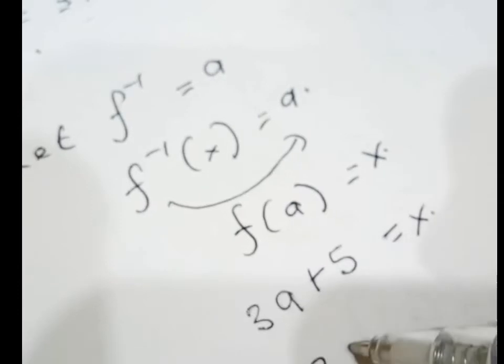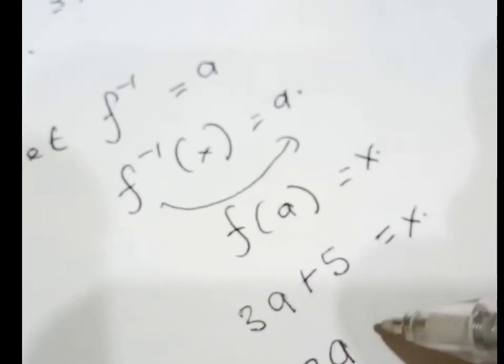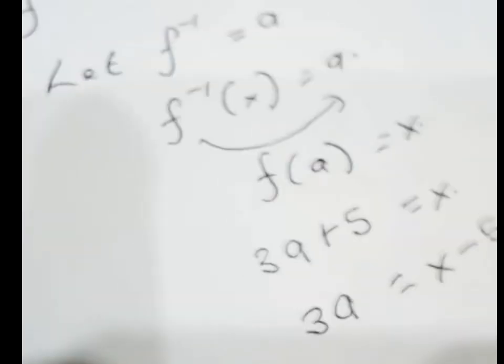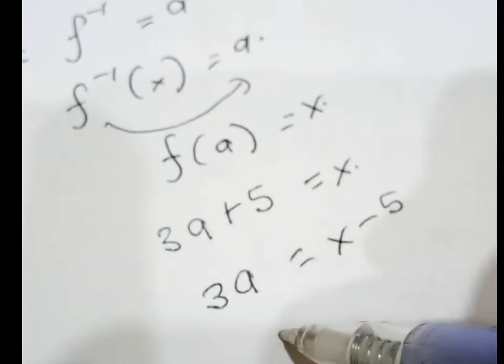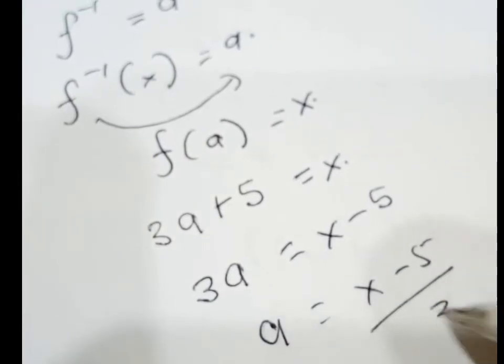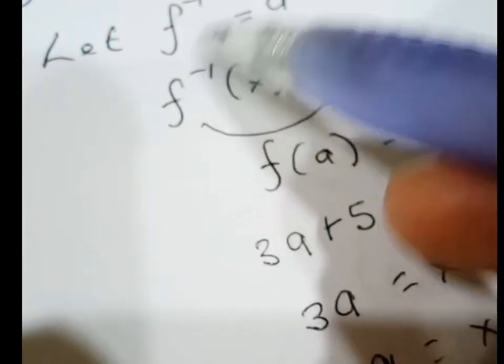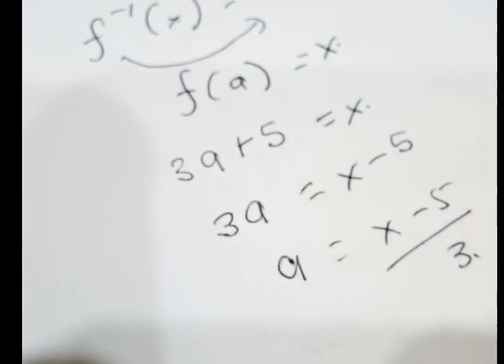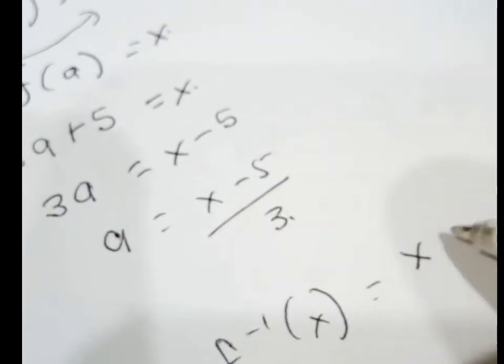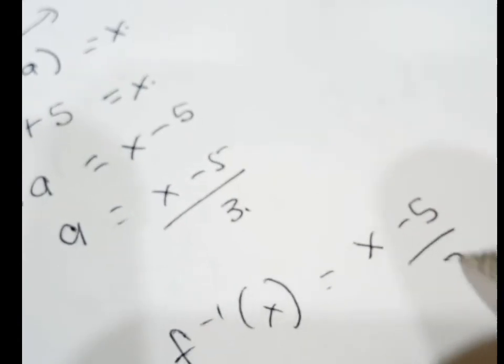From here, do algebra. 3a is x minus 5, so a is x minus 5 over 3. So a is f inverse. Therefore we have f inverse of x is given by x minus 5 over 3.